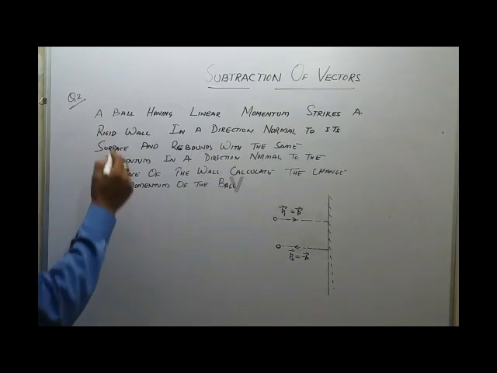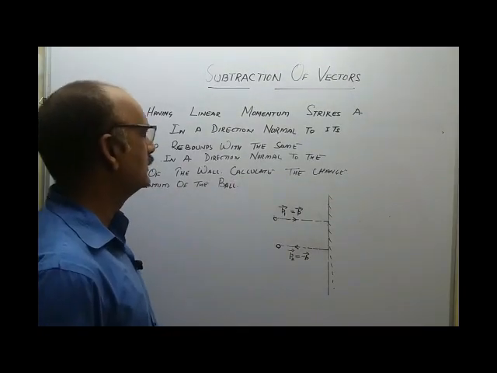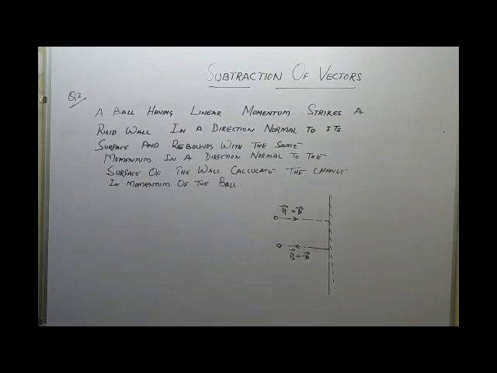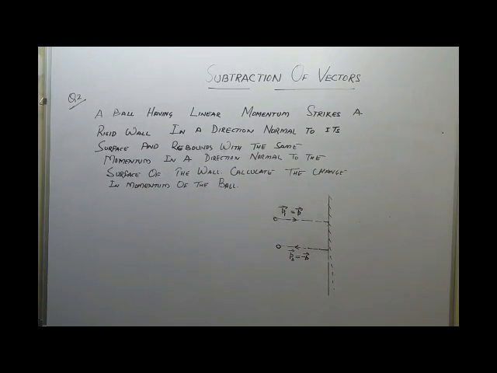Question number 2. A ball having linear momentum strikes a rigid wall in a direction normal to its surface and rebounds with the same momentum in direction normal to the surface of the wall. Calculate the change in momentum of the ball.